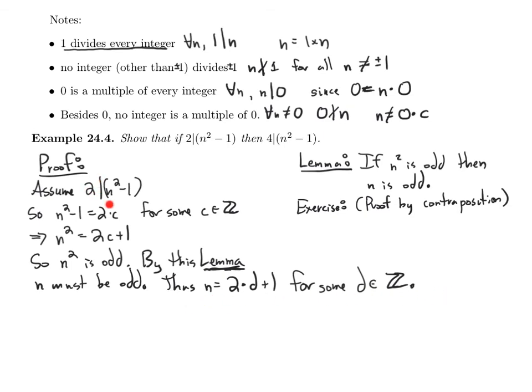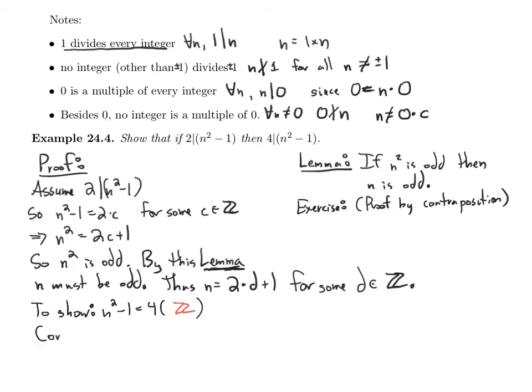If 2 is a factor of n squared minus 1, we've deduced that n must be odd, and we're asked to show that n squared minus 1 is divisible by 4. We can write it as 4 times some integer. So let's do it. We want to show that n squared minus 1 is 4 times some integer. Let's go ahead and do it.